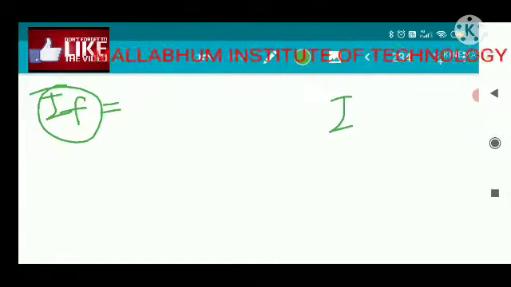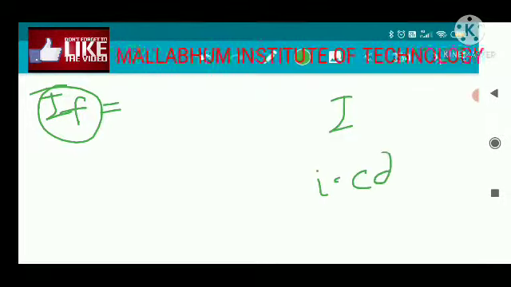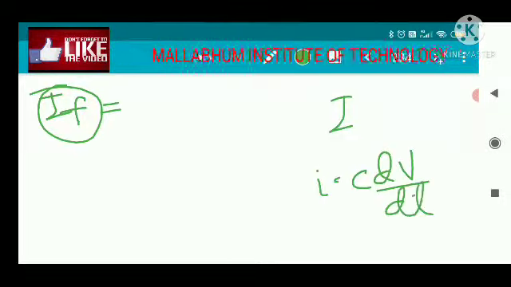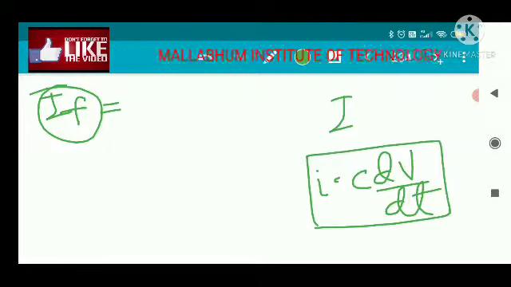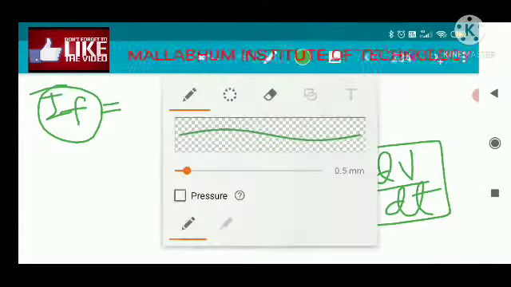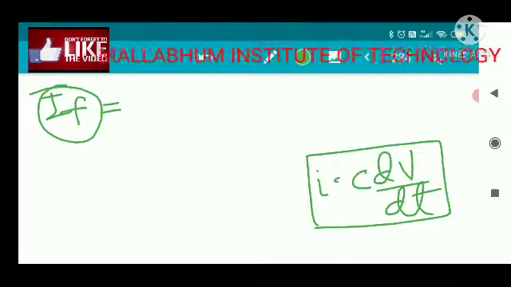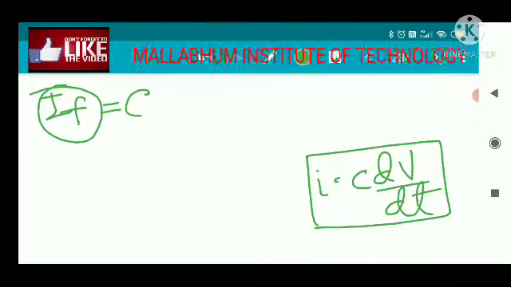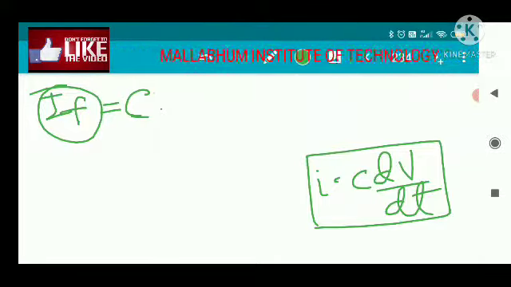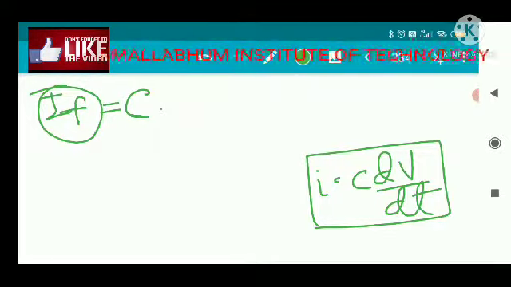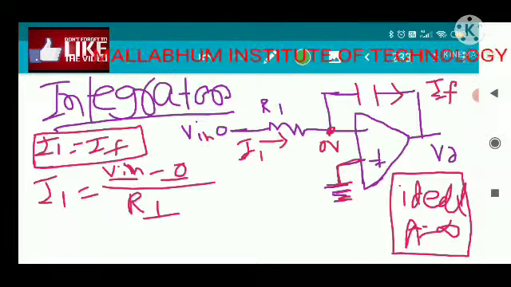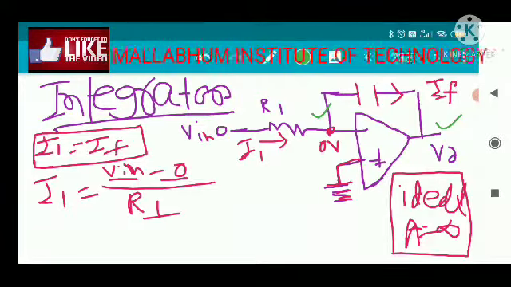Whenever we discuss the current through a capacitor, the equation is I equals C dV/dt. By analogy with this equation, IF equals C, where C is the value of the capacitor, and dV is the difference between the voltages at the two terminals of the capacitor. One terminal is at 0 volt, and the other terminal is V0.